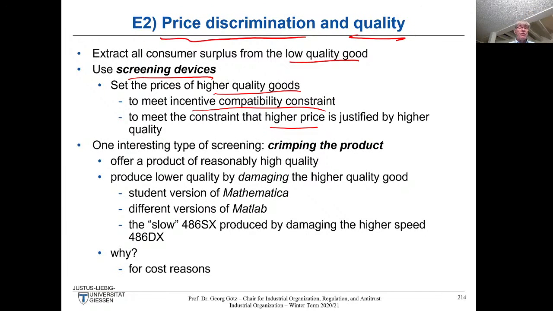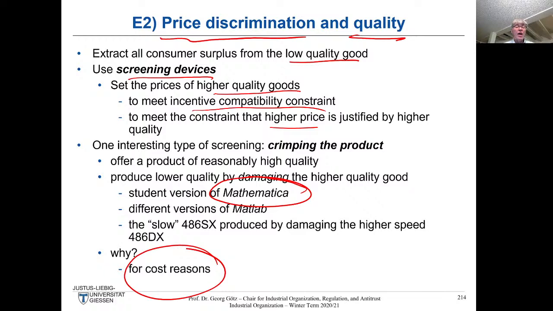So if you have a simple or single quality, say you developed a product called Mathematica, a very nice computer algebra system to do all your calculations. Due to cost reasons, you just develop the full version.